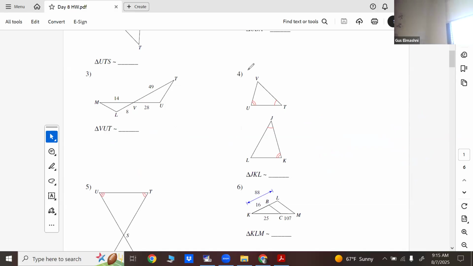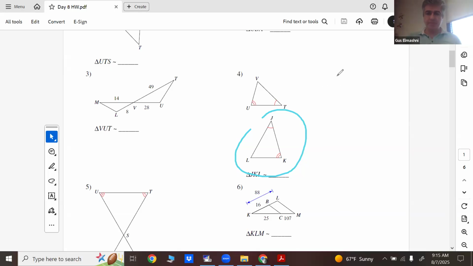Okay. Sorry, I've got to stay hydrated here. All right, so number 4. That's also going to be true. So you have to reorient as a strategy. So this one right here, I'm going to rotate 90 degrees clockwise.